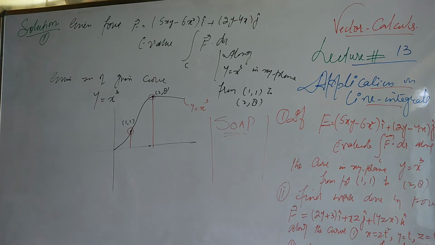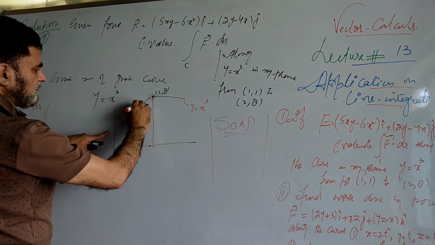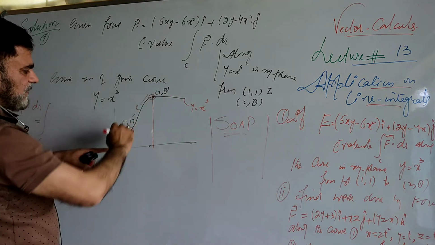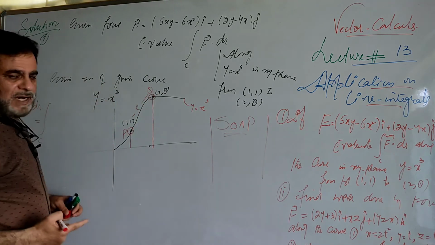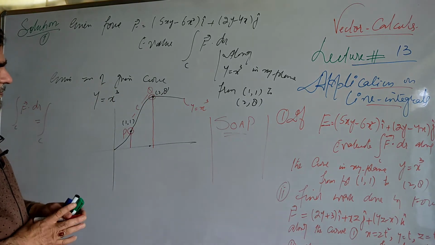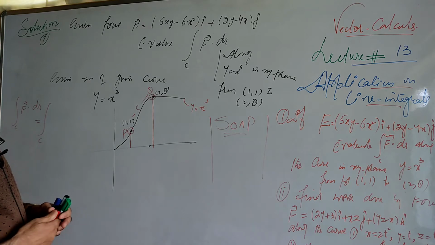Let us see. When we find the integral over C of f dot dr, our C is this path, say from P to Q, (1, 1) to (2, 8).